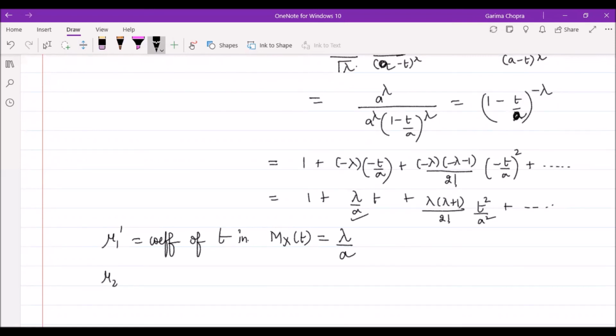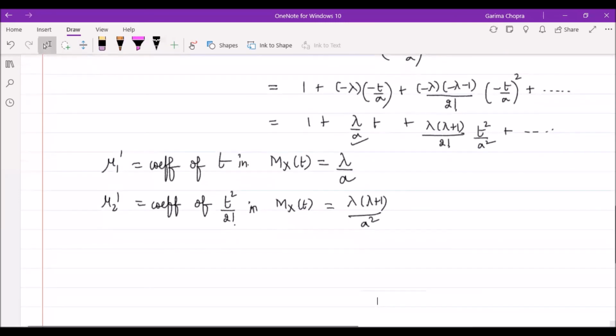And mu2 dash is the coefficient of t square upon 2 factorial in the moment generating function. And if we see here the coefficient of t square upon 2 factorial, then that coefficient is lambda into lambda plus 1 upon a square. Now, with the help of these first and second moments about origin, we can find out the mean and variance.